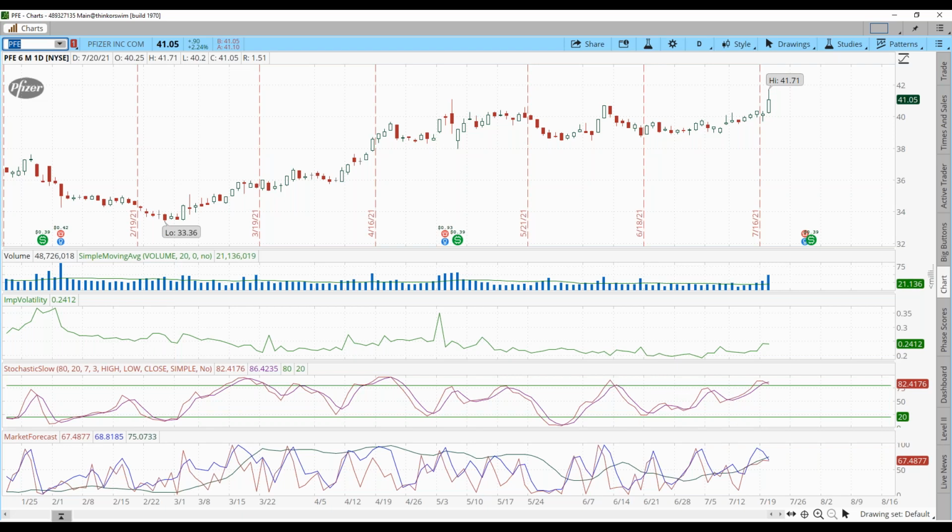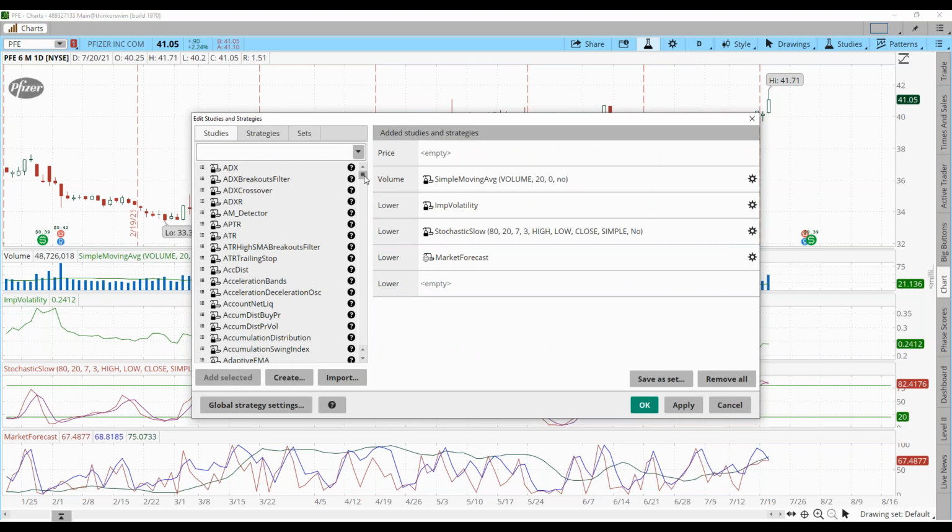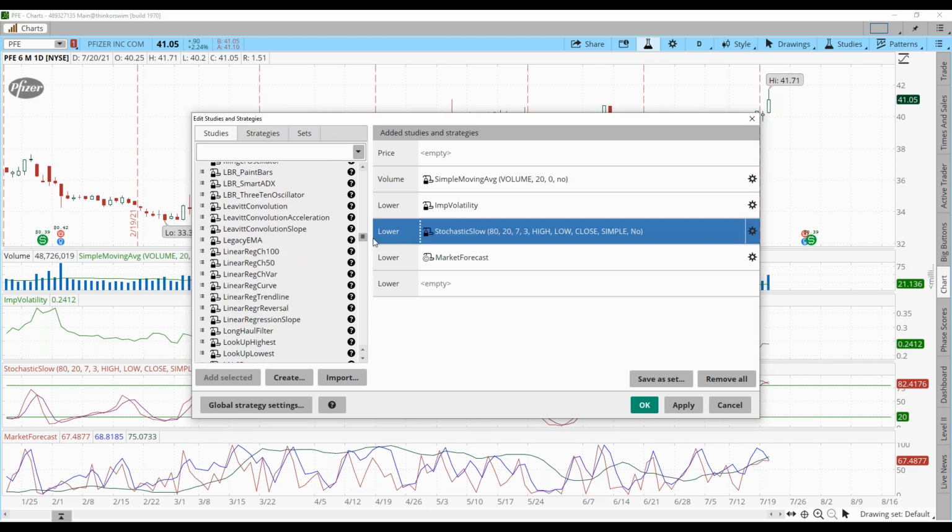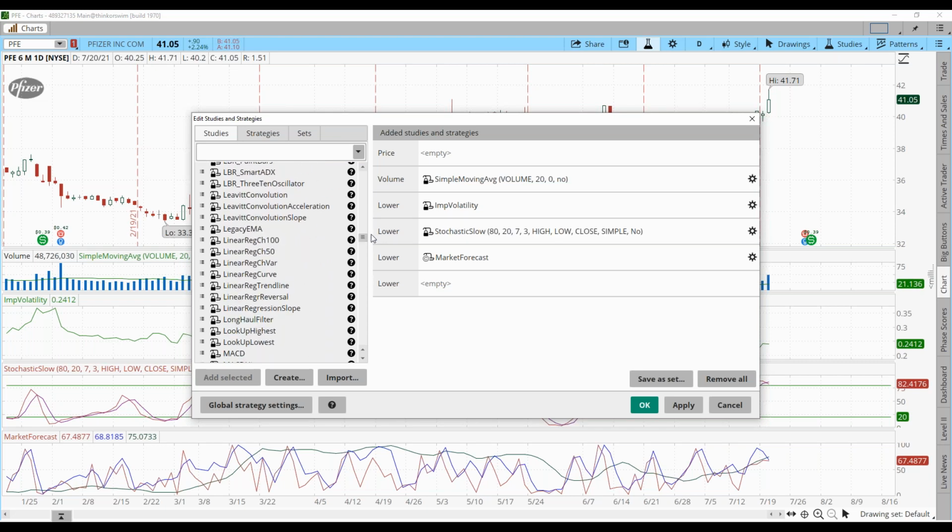Just look at this list in Thinkorswim, starting at the A's. These are all the indicators that are available to me. So if you said, do you use the Levitt convolution acceleration? No, it sounds fancy, but I don't.